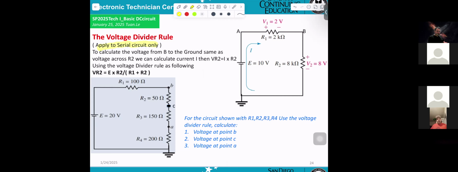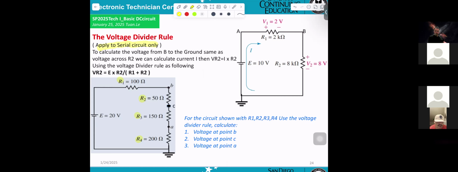Now you get this series connection with R1, R2, R3, R4. If you want to calculate the current, easy, right?